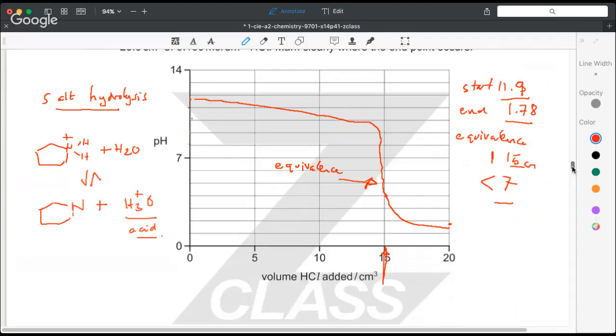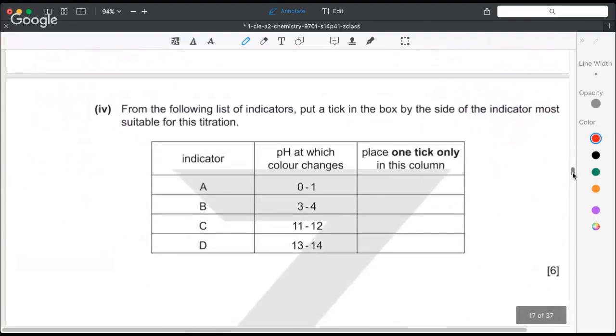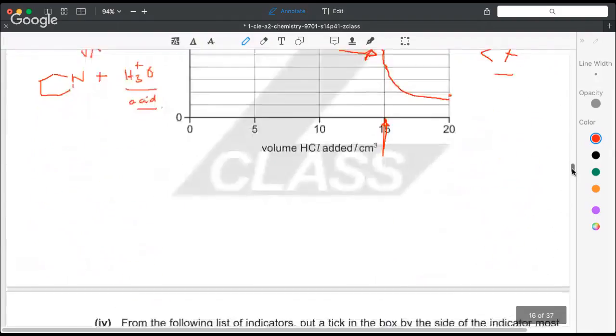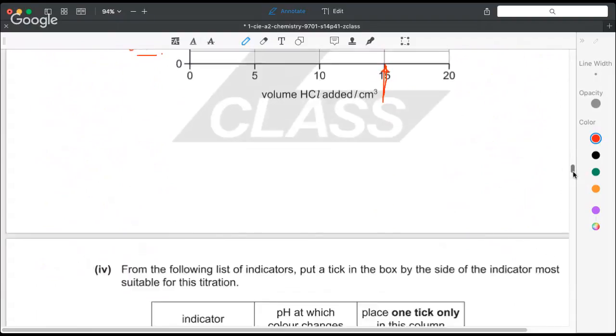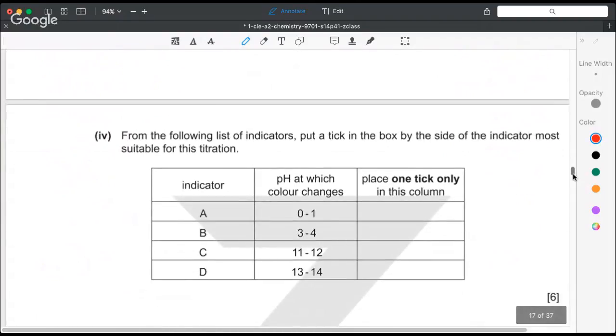Good, so you've done the hard work, and then you come down to an easier question at the end. Well, you've got to choose an indicator, haven't you, that is good for an equivalence point that is less than 7. So the indicator is going to be used about there, and you've got a fairly easy choice here.